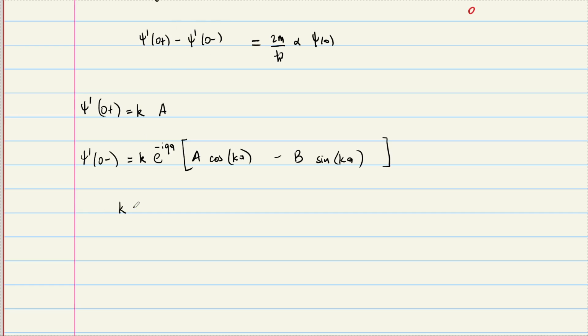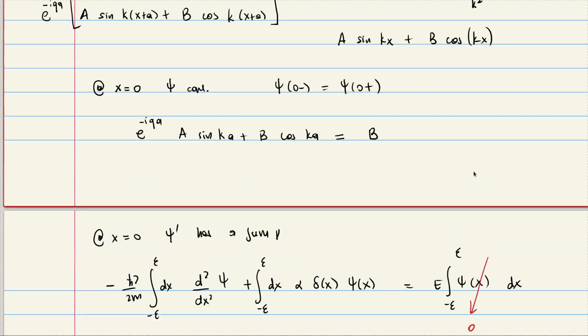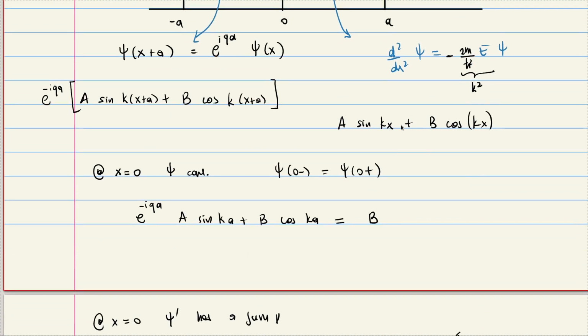So k e to the minus i qa, a cosine ka minus b sine ka minus ka is equal to 2m over h bar squared alpha psi 0, and for psi 0 I can use this one.